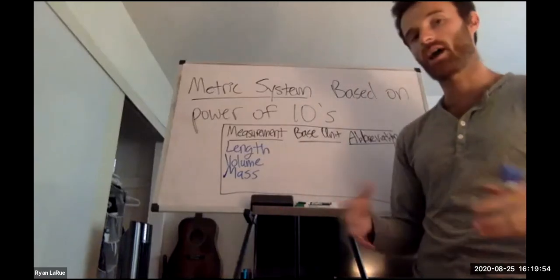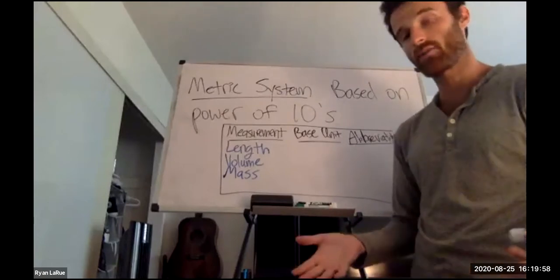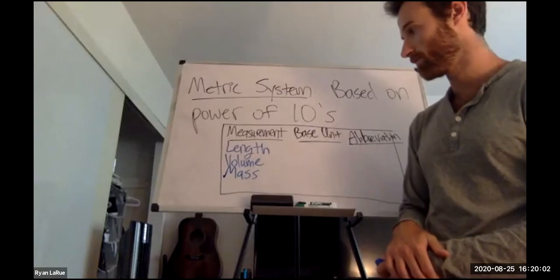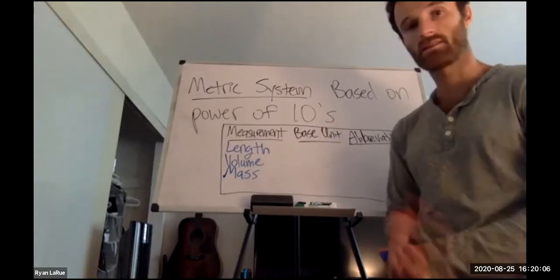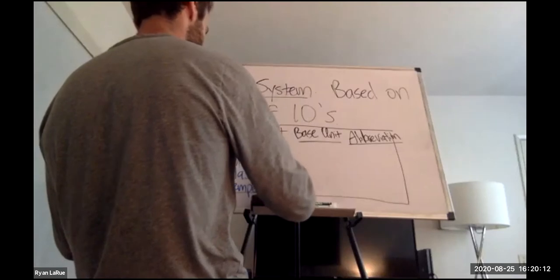So I weigh less on the moon. I have less weight because there's less gravity. That's just a little interesting side note. Okay. Last is temperature. We're measuring the temperature of something. How hot, how cold.